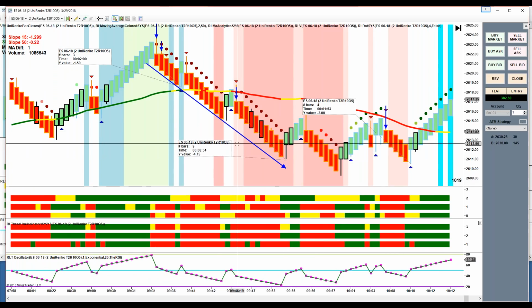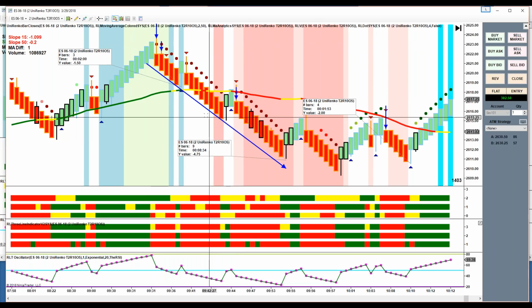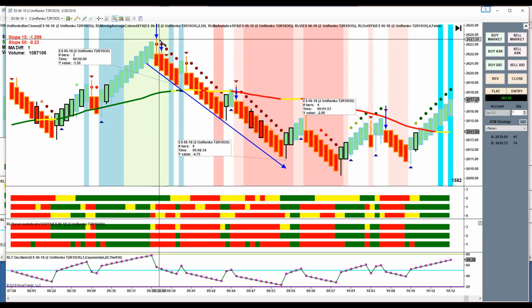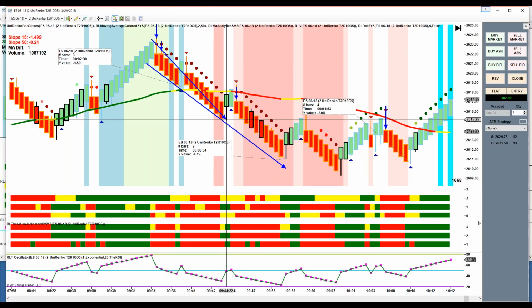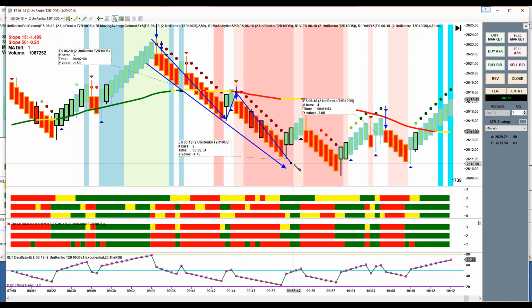Here's the trick. Here is a perfect trade off the 50. Now, this is the beginning of a trend. You may want to consider the trend starting here, but once you break the 50, here's the configuration. It's the move down, the retracement to the 50, and the continuation.